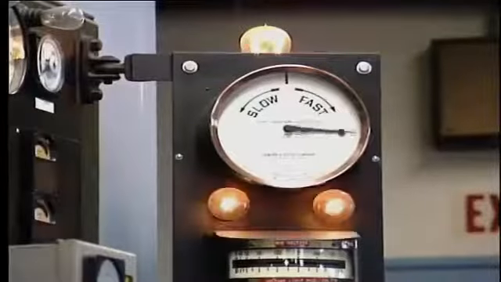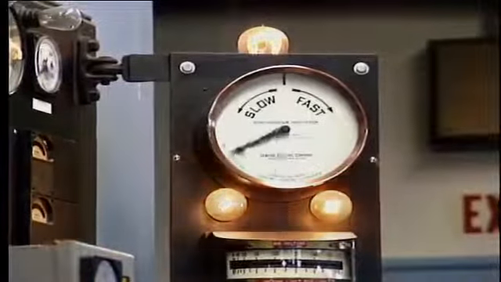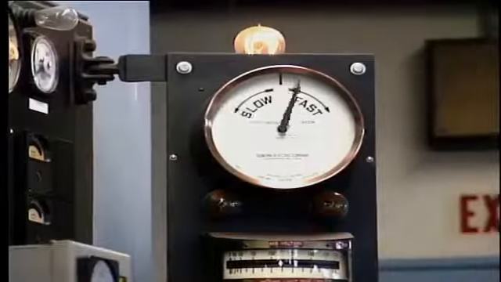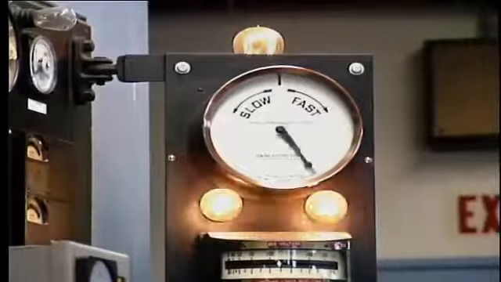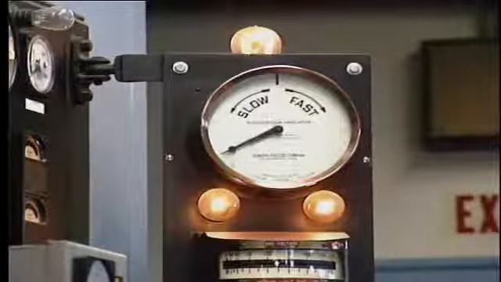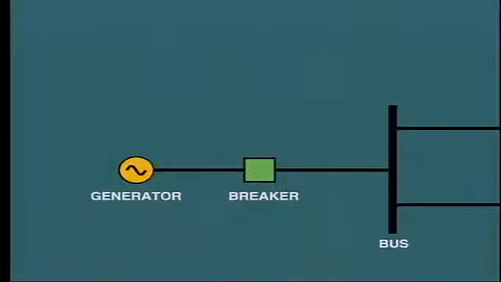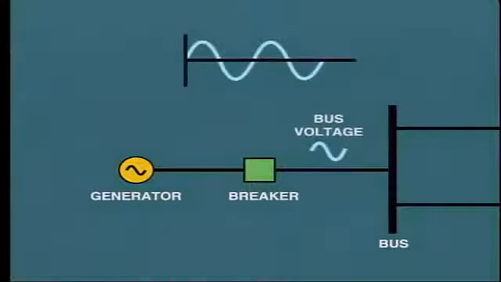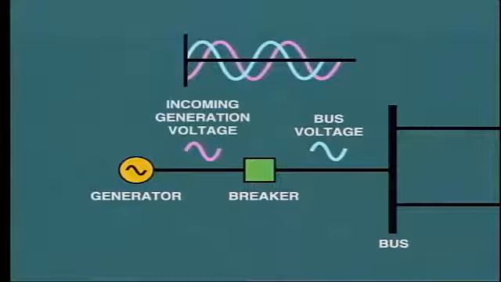The third very important factor is that the incoming generator voltage must be in phase with the bus voltage. What do we mean by this? Well, look at this example showing one phase only. Here is the sine wave representing the bus voltage, and here, superimposed, is the incoming generator voltage.